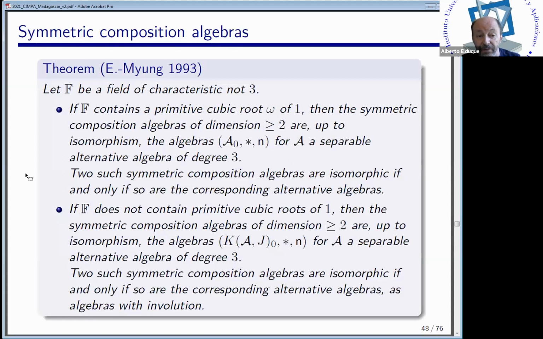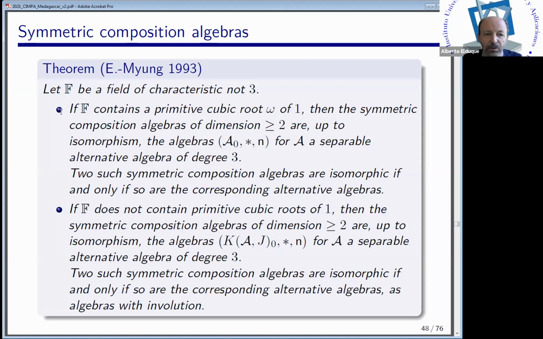So if we start with a field of characteristic not 3, we have two possibilities. If F contains a primitive cubic root of 1, then the symmetric composition algebras, well, in dimension 1, the only symmetric composition algebra is the ground field, so there is nothing to look at, so we will consider dimension at least 2.